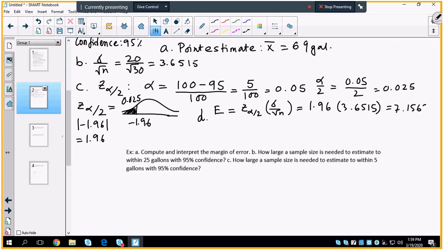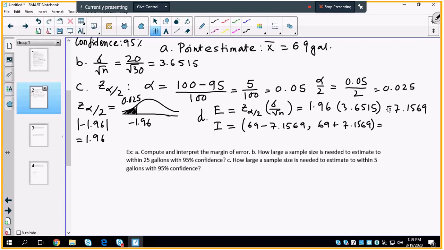The confidence interval is denoted by I, and it is equal to the point estimate that you found out. Point estimate is the sample mean, so 69 minus the margin of error, which is 7.1569, comma, the point estimate 69 plus 7.1569. So we're going to simplify these numbers.